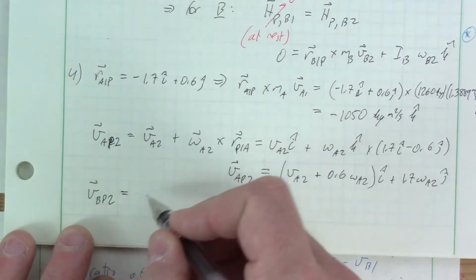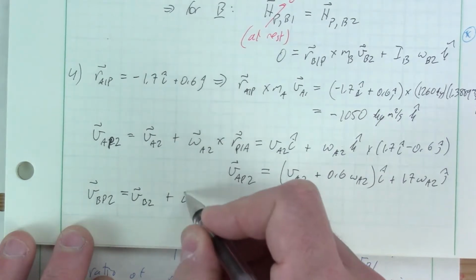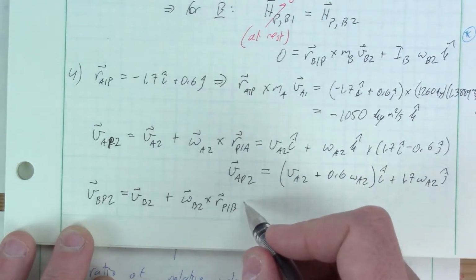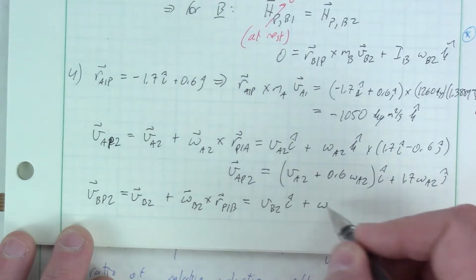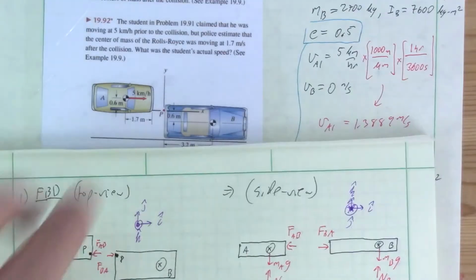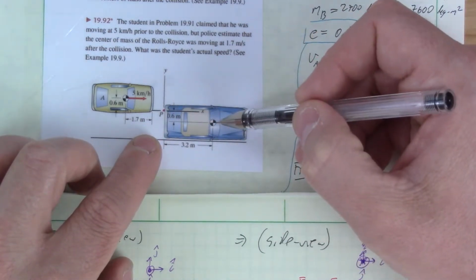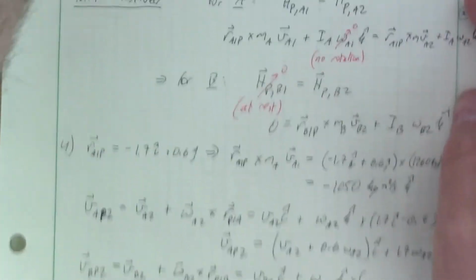So VB2 is going to be the velocity VB2 plus omega B2 crossed into the relative position of the collision point with the center of mass of B. This is VB2 i hat plus omega B2 k hat crossed into, now we haven't done this one yet, the position vector of P from the center of mass of B, which is negative 3.2 in the i hat, positive 0.6 in the j hat. Okay, all the way down here at the bottom.